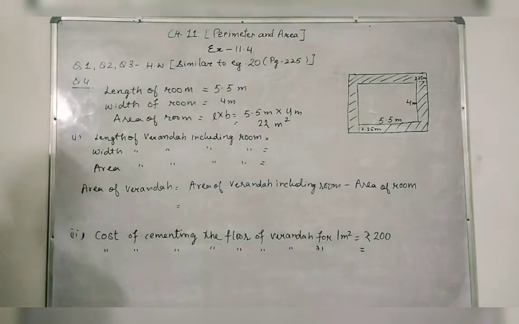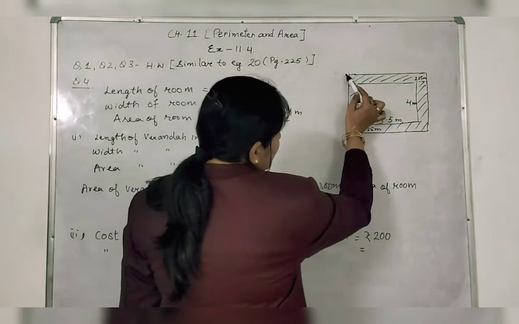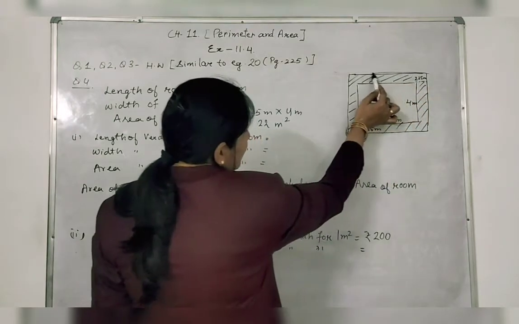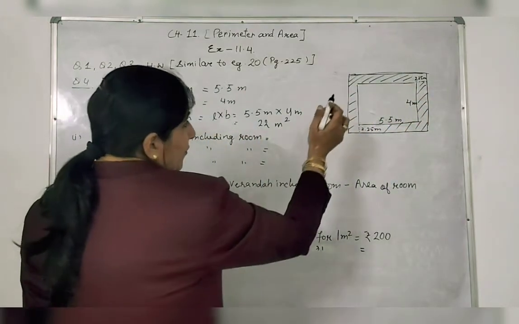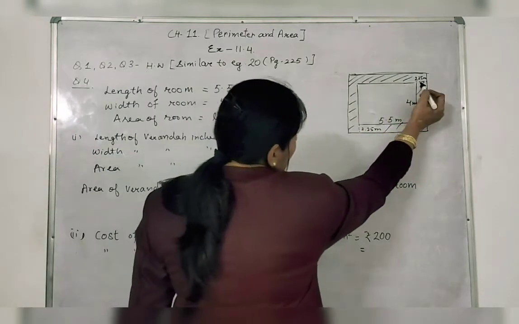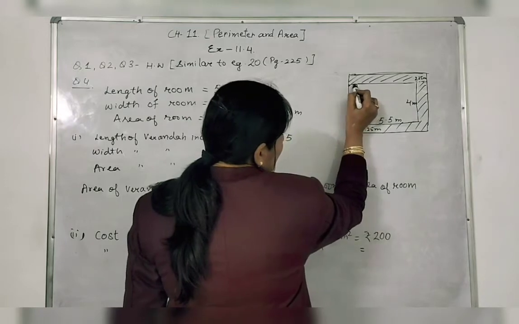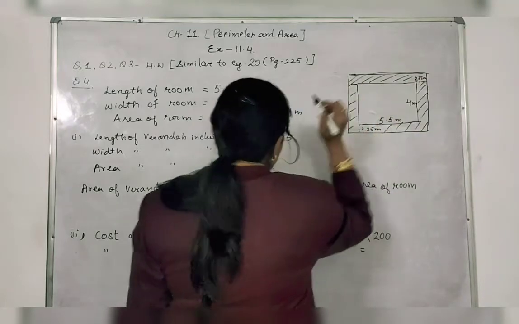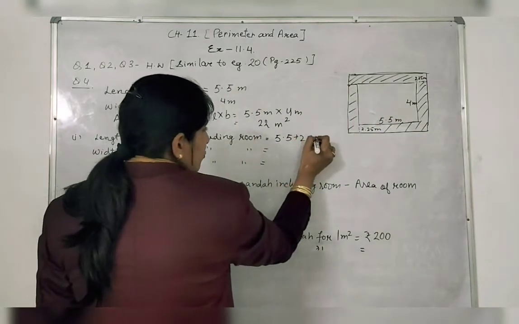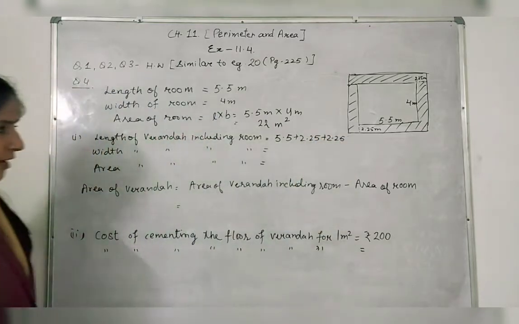Now we will calculate the length of the veranda including the room. The length is 5.5 meter of the room inside, and from this side we add 2.25, and from this side also we add 2.25 to get this length. So 2 times we have to add 2.25.